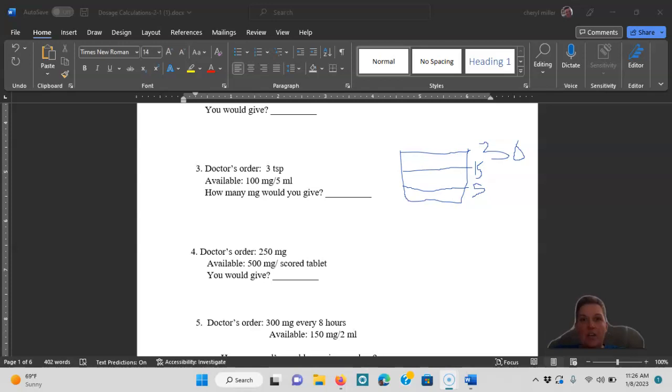Okay? So this is a teaspoon, little t. This is a tablespoon, big T. And this is an ounce, OZ. Okay, so from that I can say a tablespoon equals a half an ounce.